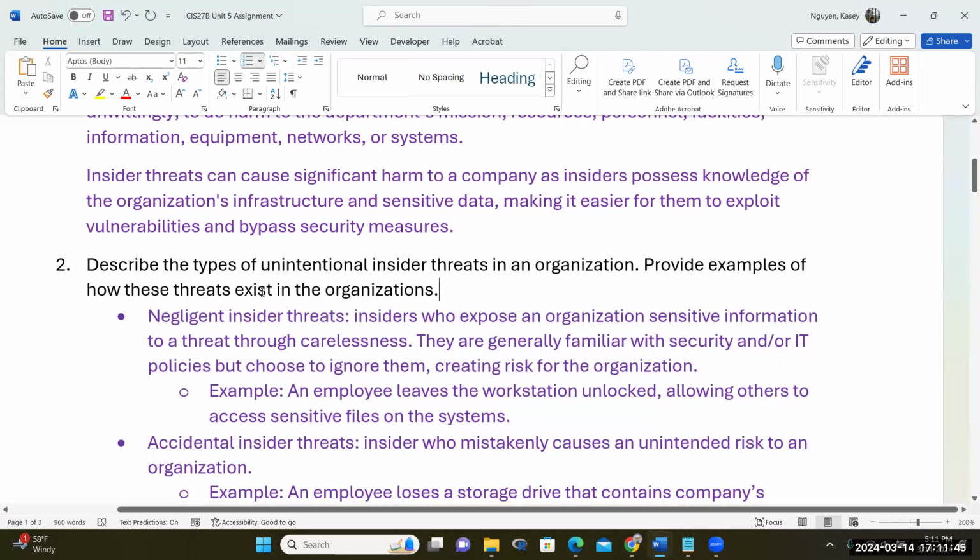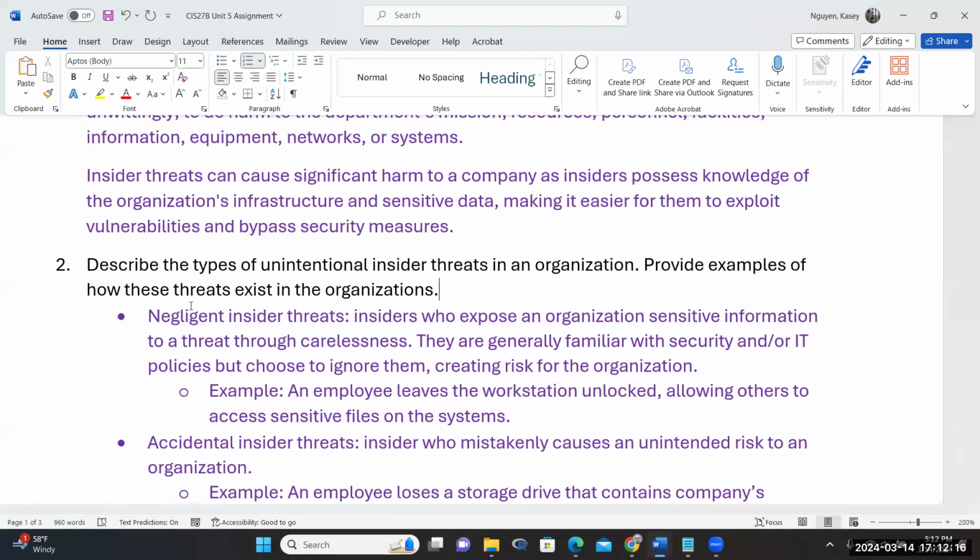These people or entities expose sensitive information because they are careless. And they're generally familiar with systems or rules for IT and security and choose to ignore them, like sharing passwords, right? Which creates risk for the organization.